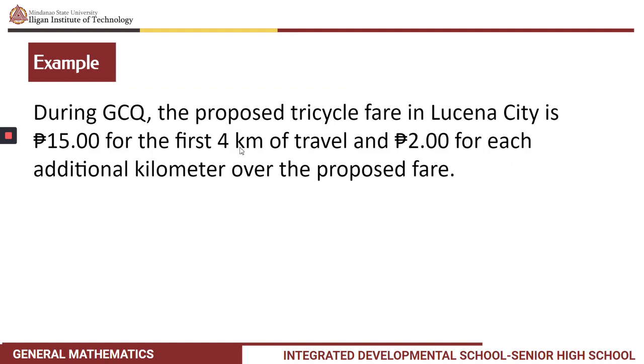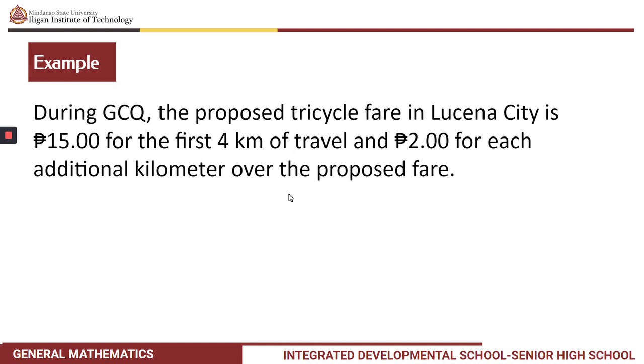During GCQ, the proposed tricycle fare in Lucena City is 15 pesos for the first 4 kilometers of travel and 2 pesos for each additional kilometer over the proposed fare. So, ayan. So, again, para makapag-represent tayo ng function, para maka-generate tayo ng function rule or model for this situation, we need to identify the domain and the range first.